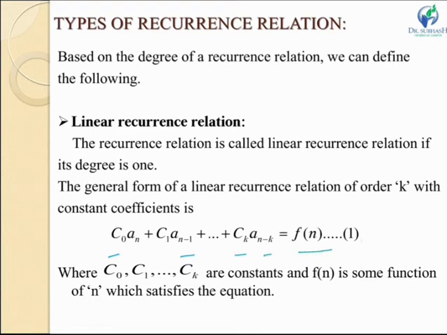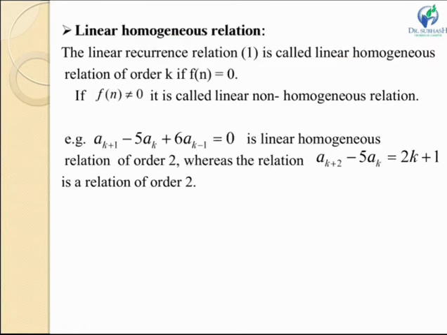We name this equation 1, where c0 to ck are constants and f of n is some function of n which satisfies this equation 1. Now next is linear homogeneous relation. We know what linear is. Linear means the highest power of the recurrence relation is 1.